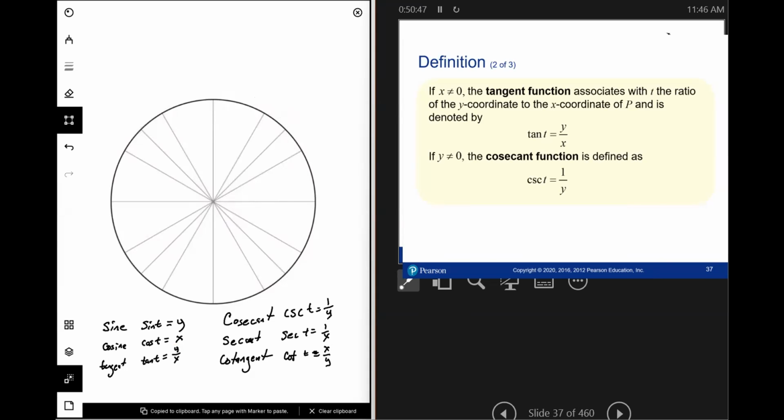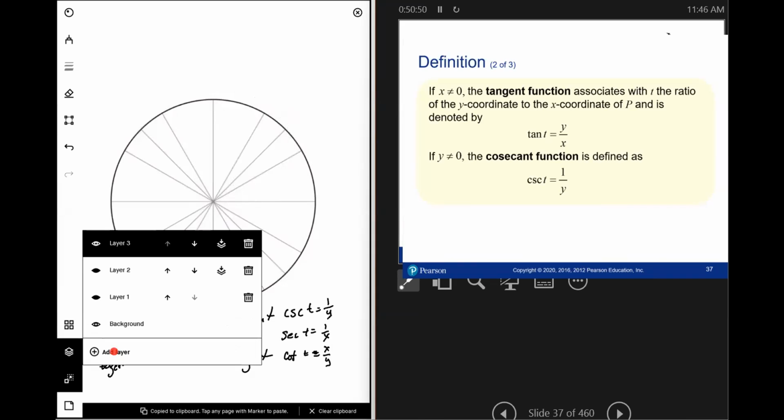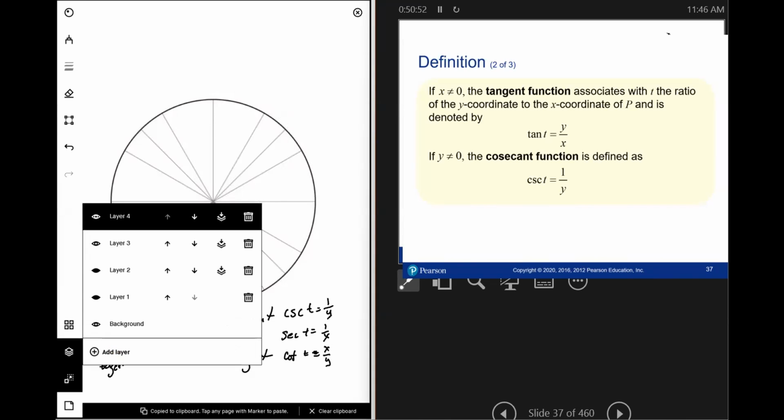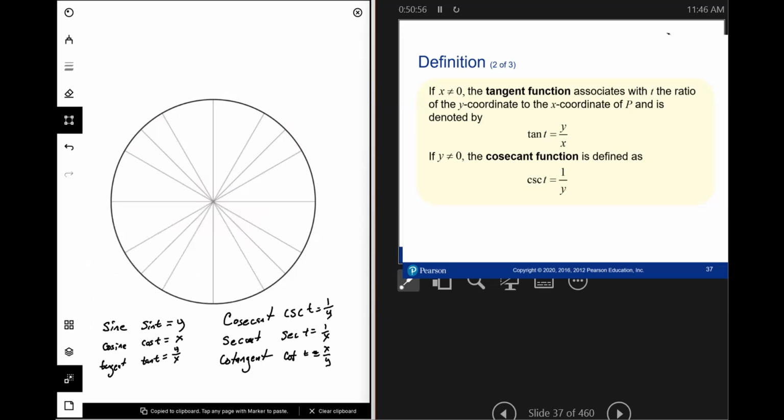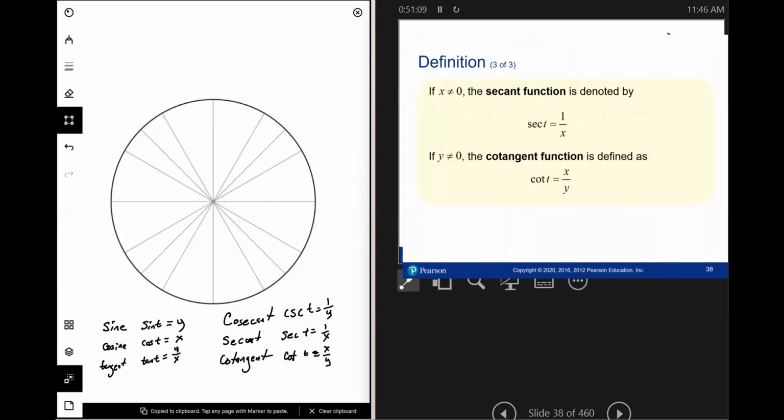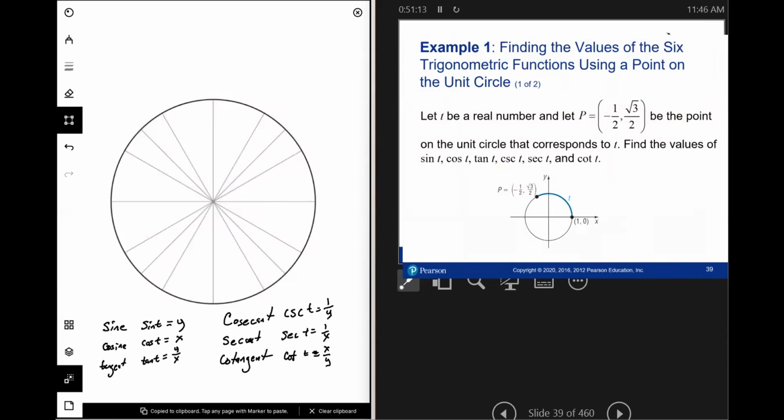Okay, and I'm going to add another layer. Now we can use point values to determine these trig functions, and that's what they're asking for. Oh, okay, and secant and cotangent. All right. So here we have this point, and this point happens to be right here.